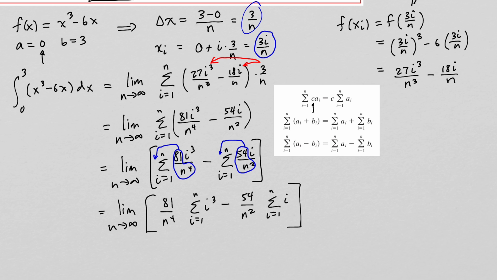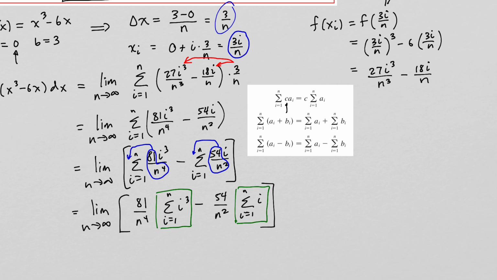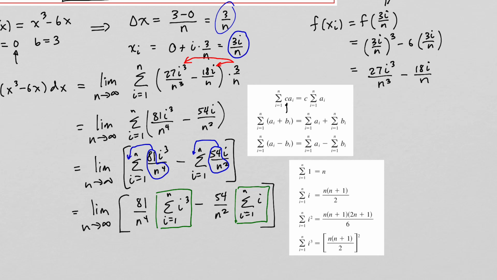So now this whole problem comes down to what is the value of this sum and what is the value of this sum? And for this, we have formulas. Let's bring those in. All right, so here they are, and we are going to use this formula here and this formula here, right?